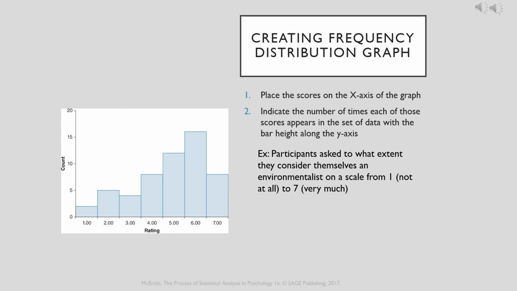This is called a histogram. This frequency distribution graph, again, it's the same numbers. So you'll remember that participants were asked, okay, on a scale of 1 to 7, to what extent do you consider yourself an environmentalist? And 12 people put a 5. They rated themselves as a 5. And you can see on this bar, if you go to the rating of 5 and you go up, it looks like a count or frequency of about 12 people.